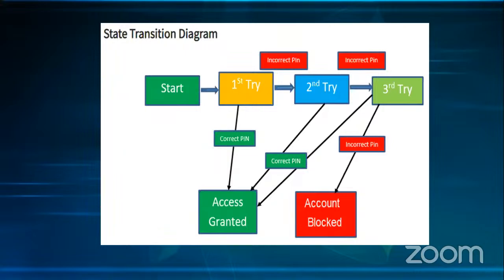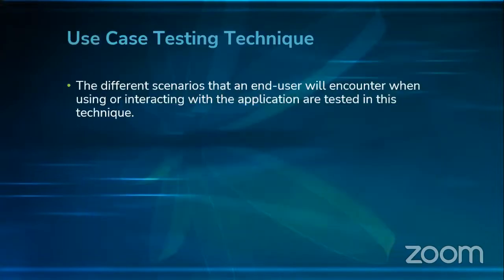So that leads us to the final part of the technique, which is the use case testing technique. The different scenarios that an end user will encounter when interacting with the application are tested in this technique.